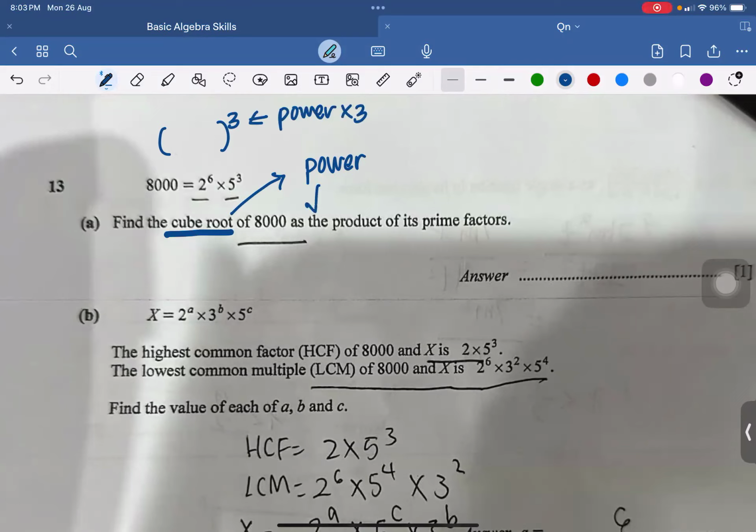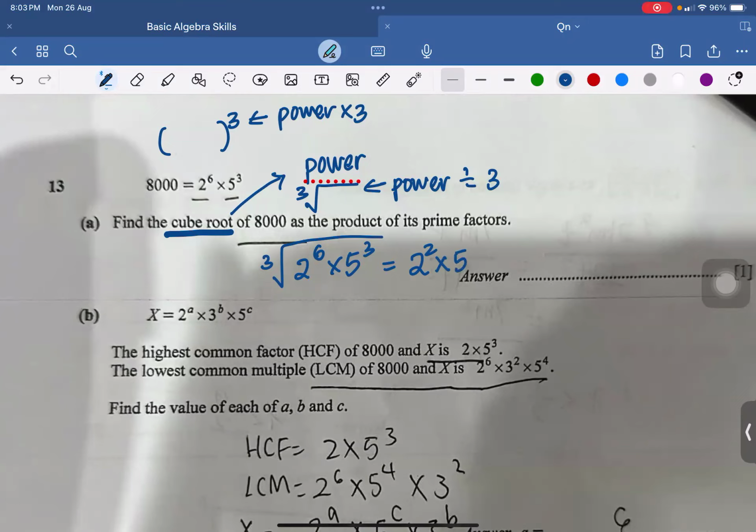So if you have cube root, it means the power is divided by 3. In this case, this is 2 to the power 6, 5 to the power 3. What happens to the individual powers? They will divide by 3. So 2 to the power 6 divided by 3, 2. Then 5 to the power of 3 divided by 3, 5.